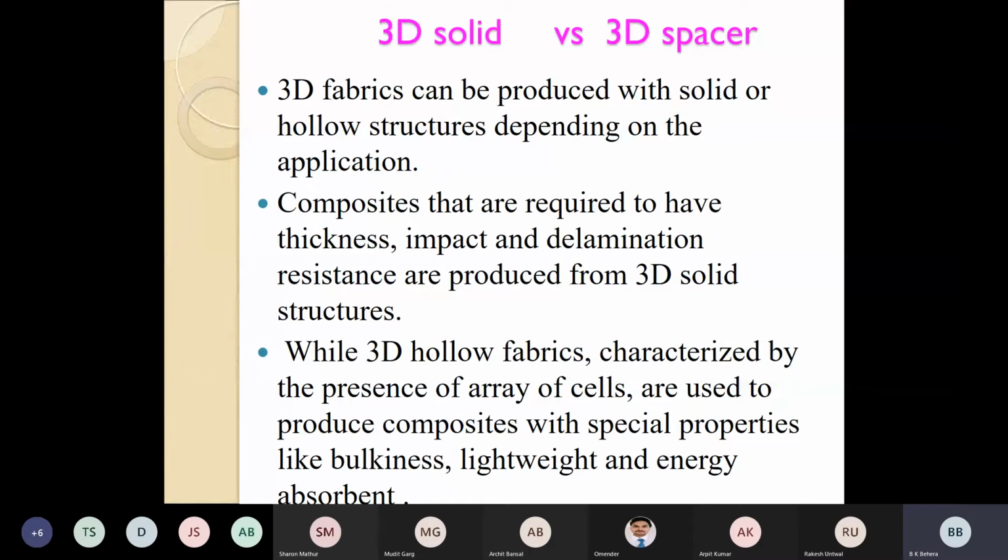So for composites that are required to have thickness, need to give impact resistance, or where delamination resistance is the prime criteria, we produce 3D solid structure.